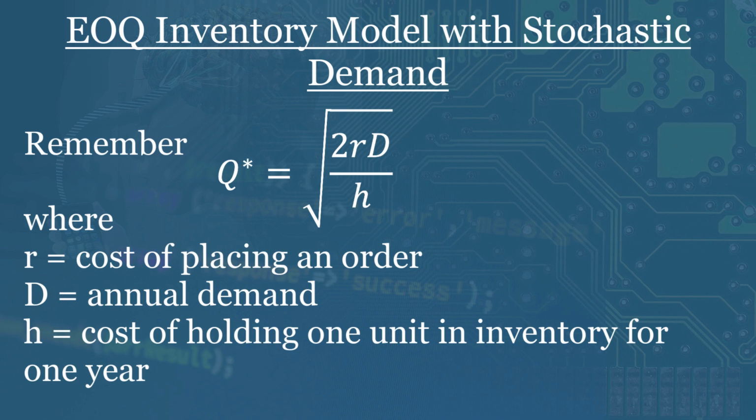And we have learned that the optimal Q star under many circumstances is the square root of 2 times r times D divided by h, where little r is the cost of placing an order. Every time you place an order, how much does it cost you? Big D is your annual demand, how much you think you'll need of the product all year. And little h is the cost of holding just 1 unit in inventory for 1 year.